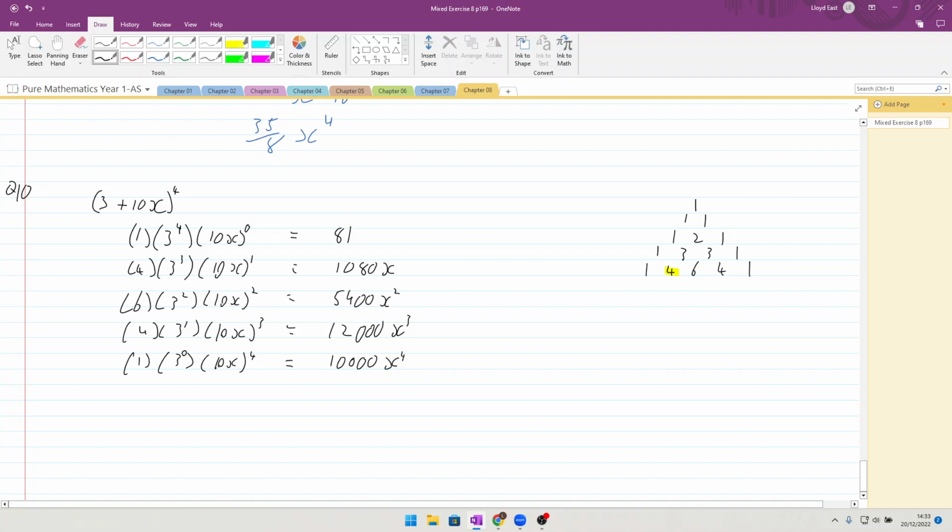How did they want this? Use binomials to expand, giving each coefficient as an integer.